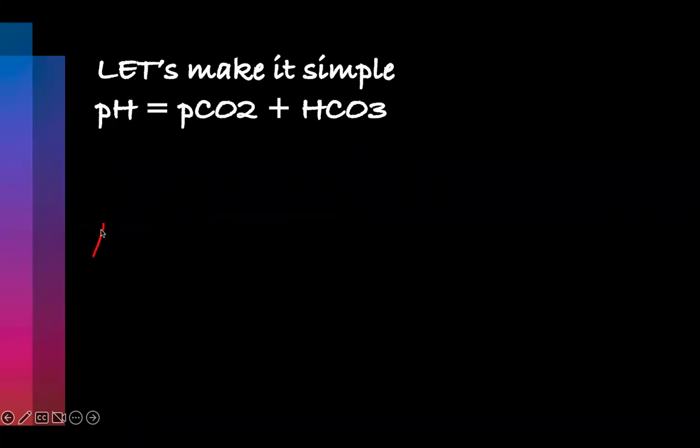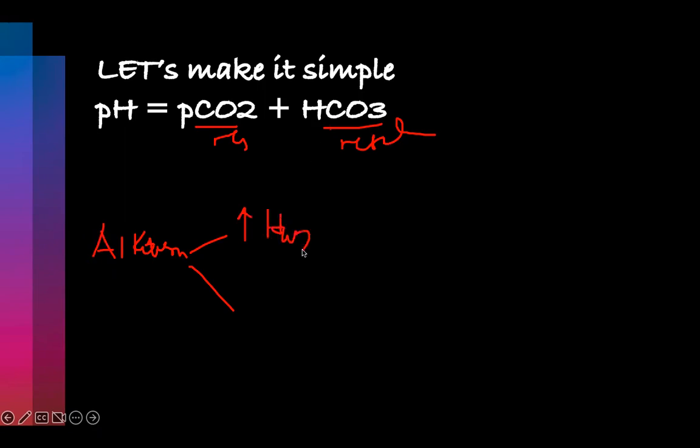So let's do the same thing for alkalosis. We know this is our respiratory, and we know this is our metabolic. Alkalosis means there are two things. It means I have more of this, and I have less CO2. I'm blowing it off.